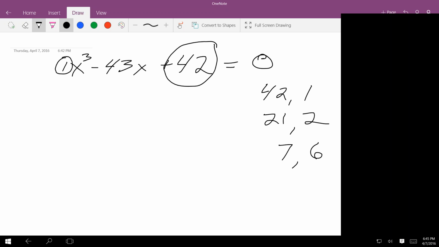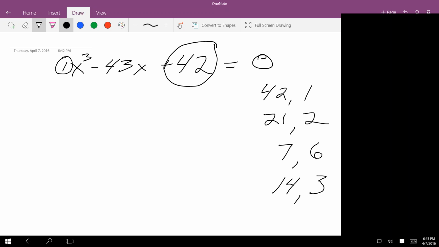Now 7 is a prime number, I can't do anything with 7. So I believe I have all of the factors. No, I don't. I can cut this 6 in half and double that. So there's 2 more factors. Now I'm done. I can cut 14 in half, but it doesn't give me 2 new factors.